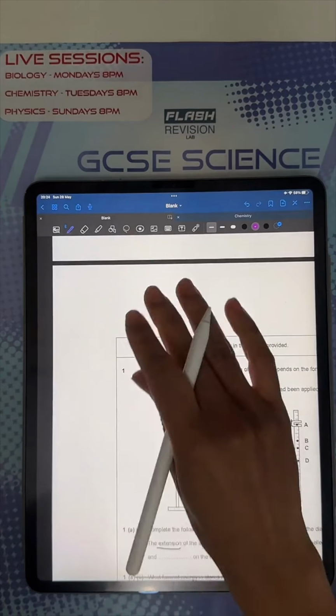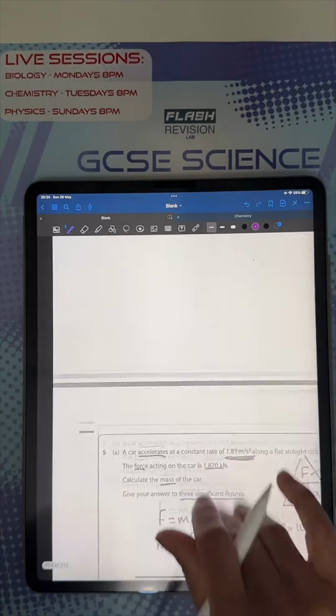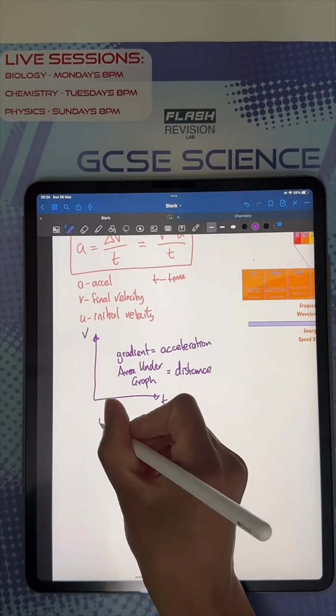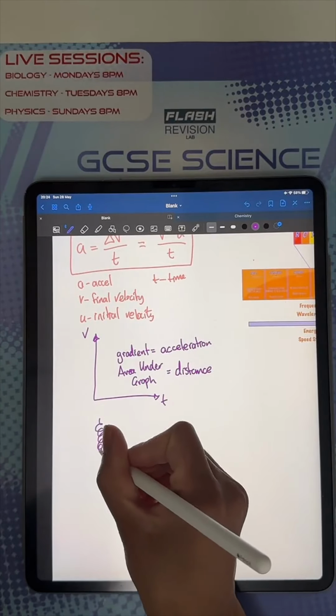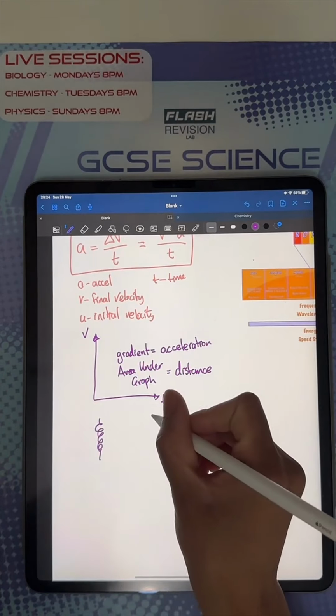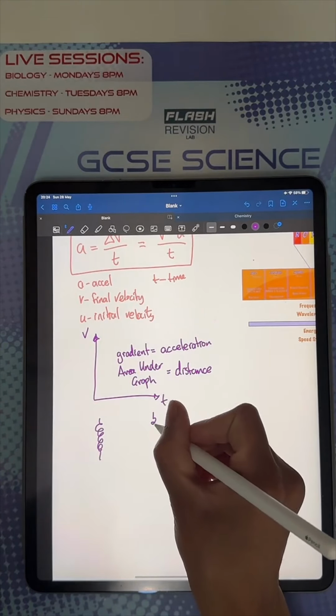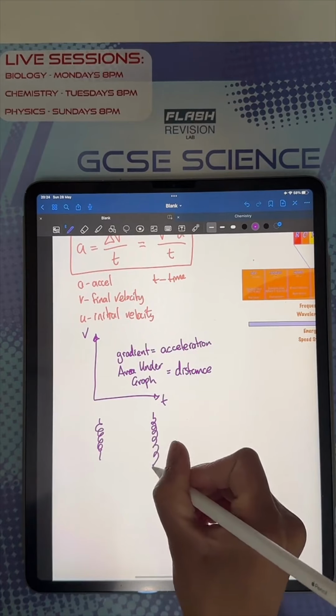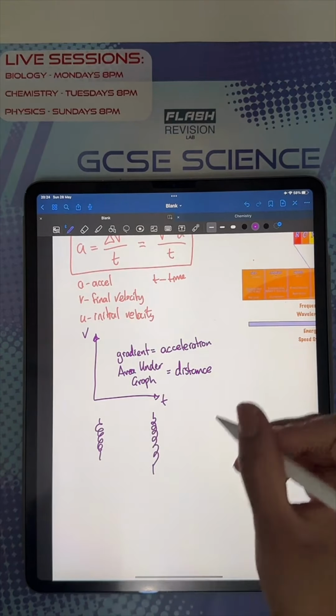So imagine we have a spring here. Let me draw a spring. That's the original length of the spring. Then we add a mass and the spring stretches.